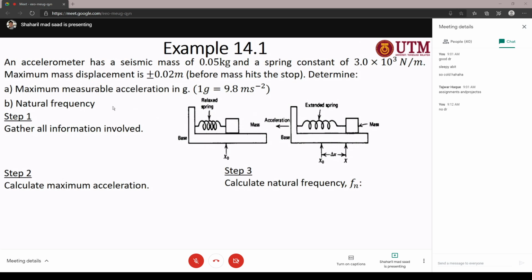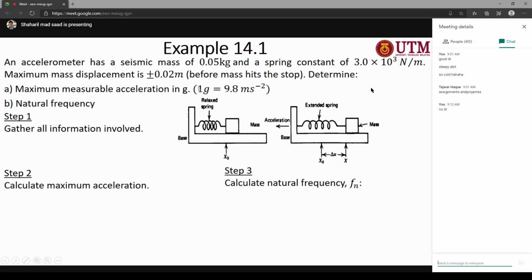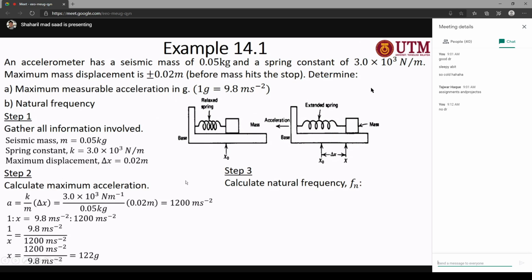Determine the maximum measurable acceleration in g. Alright, so 1g equals 9.8 meters per second squared. So first of all, you get the information, and then he wants you to find the acceleration. So this is the formula for acceleration between your spring and also the mass, and also some displacement here.